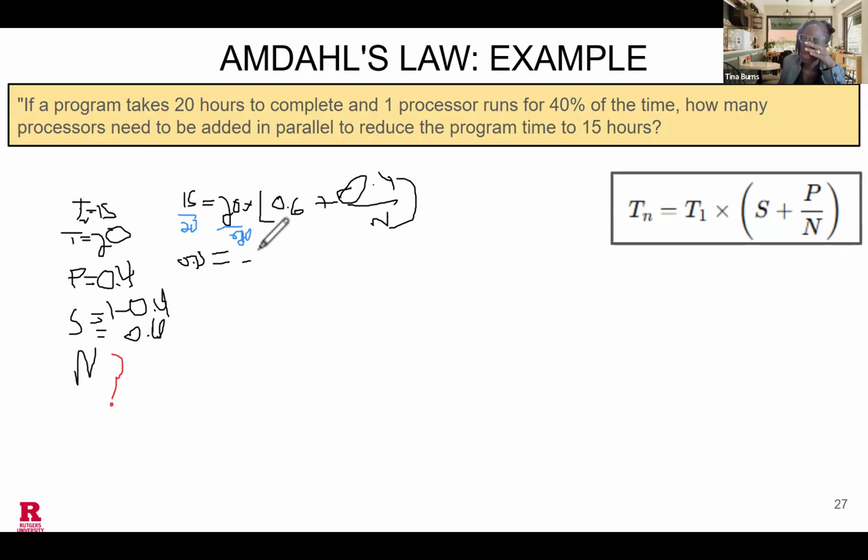The reason I'm taking time to do this is I want you guys also to do the same thing, a demonstration of how you're doing these calculations rather than just plugging it in. So that's why I'm taking this tedious time going through this. All right, 0.75. I can bring this down here, 0.4 over n.